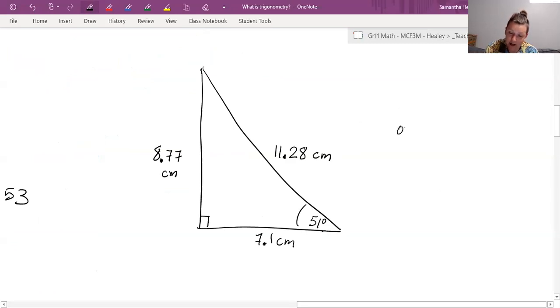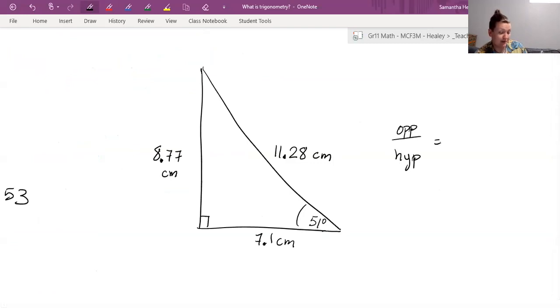So if you plug that in your calculator, you can just say, okay, 8.77 divided by 11.28, and you end up with, rounded to 2 decimal places, 0.78.